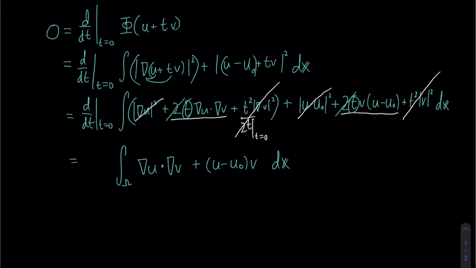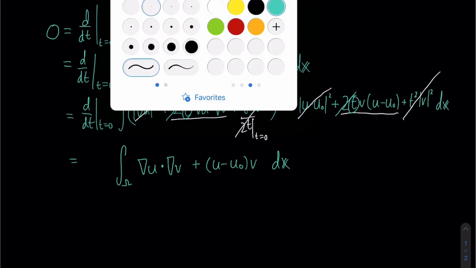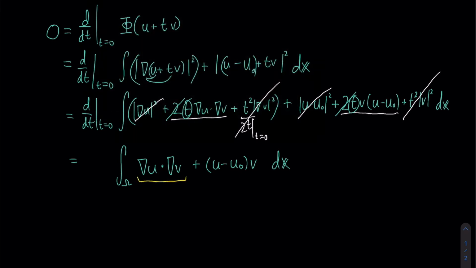Because this part is then going to be equal to something evaluated on the boundary, and then I'm going to subtract the second derivative of u, or really the gradient of nabla u, and then I'm just going to multiply by v.